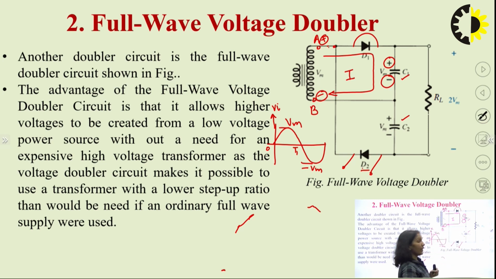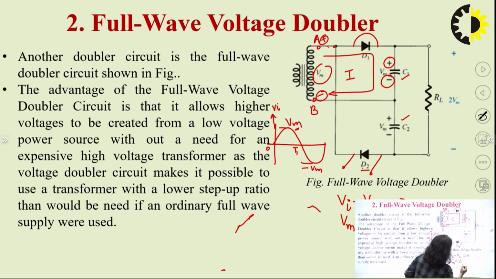Now, let us write the KVL. It will be Vi minus Vc1 is equal to 0. Here the peak value of Vi is Vm. Placing here the value of Vi, Vc1 will be equal to Vm.